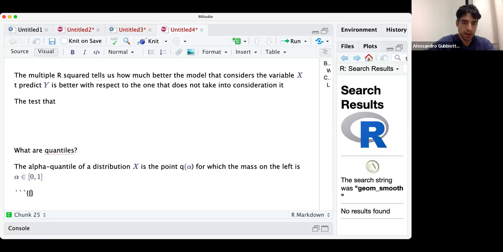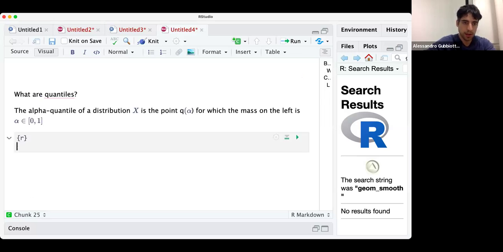Let's take a normal distribution and plot the density from -5 to 5, with mean equal to 0 and standard deviation equal to 1. We plot this.